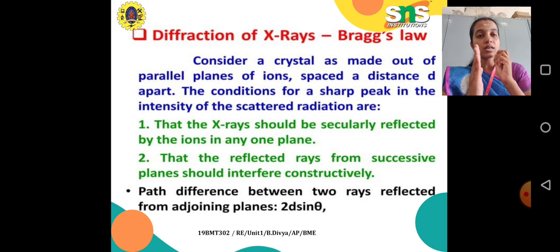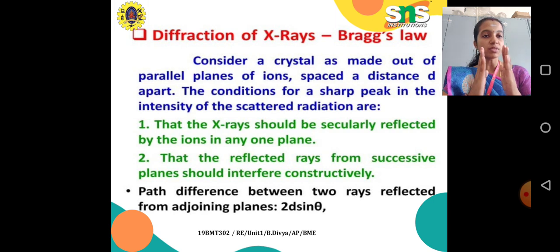While the rays pass through one plane, they are specularly reflected by the ions in that plane, and the reflected rays from this plane should interfere constructively in the other parallel plane.